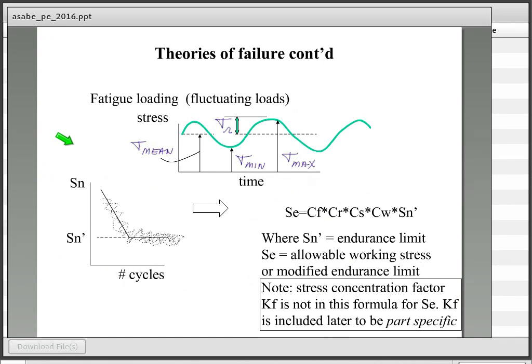This is very brief here, but this would also lead us into designing for fatigue loads.